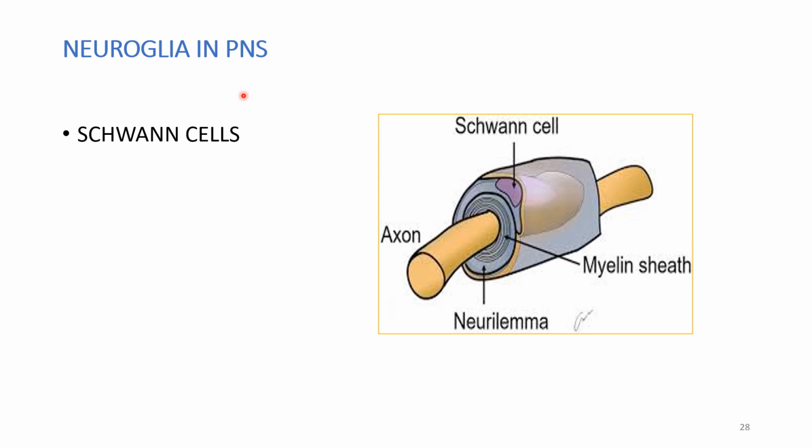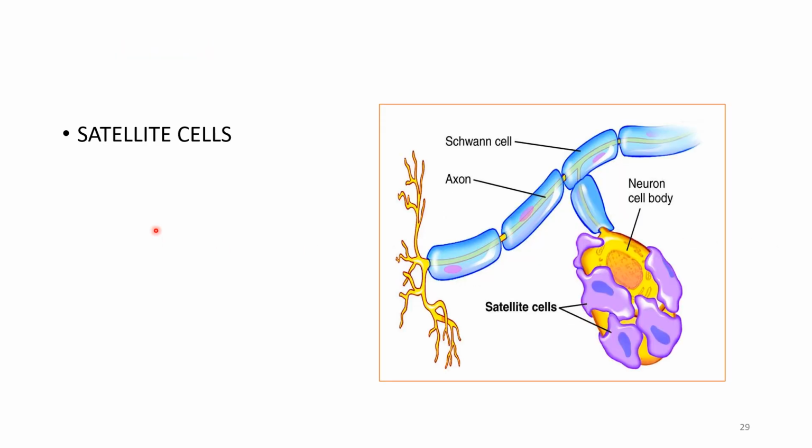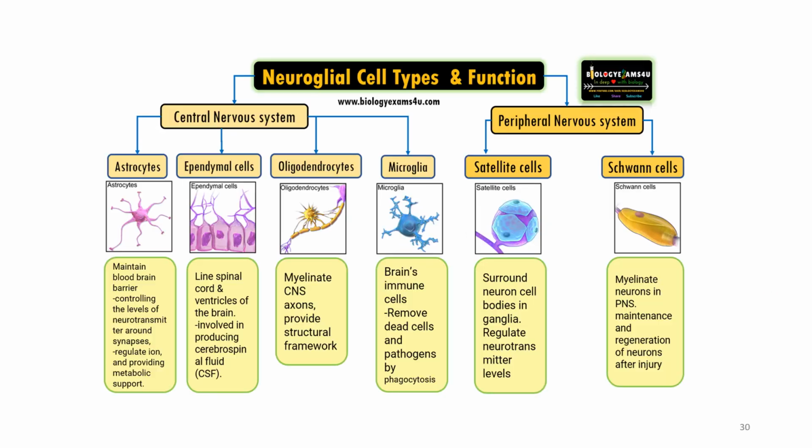Now coming to neuroglia in the peripheral nervous system. They are Schwann cells, which produce the myelin sheath in the peripheral nervous system, and satellite cells. These satellite cells are present around the cell body of the neuron in the peripheral nervous system.